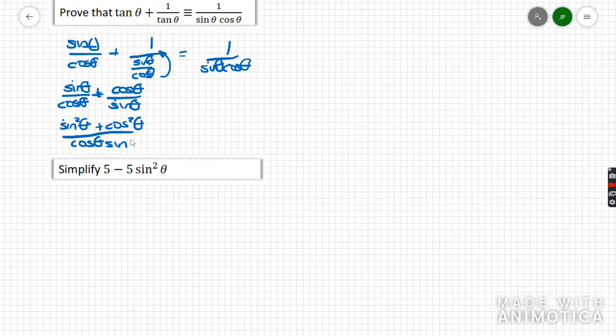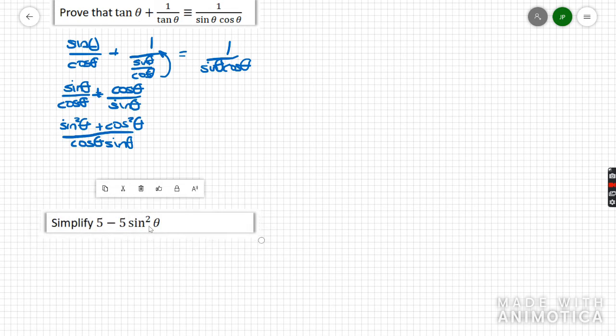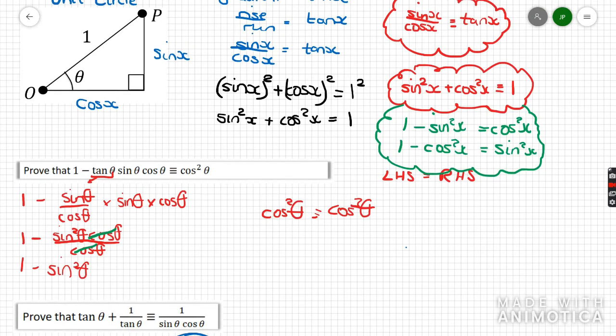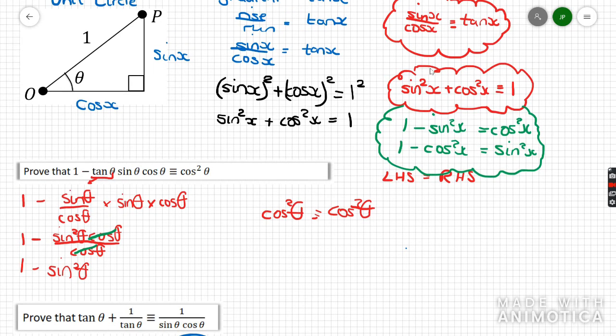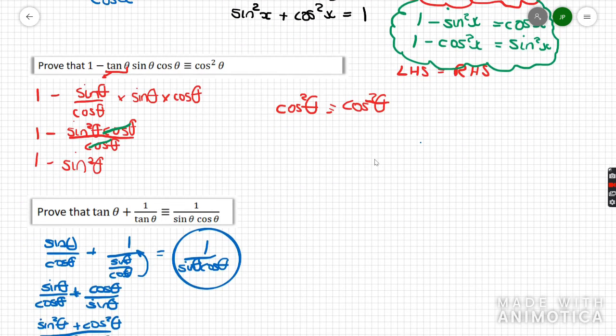Now what I can see is this is beginning to look more like what I want. I'm still aiming for my 1 over sine theta cos theta. The only thing that's different now is that I've got sine squared plus cos squared. However, I know from earlier, from my equation up here, that sine squared plus cos squared is equal to 1.